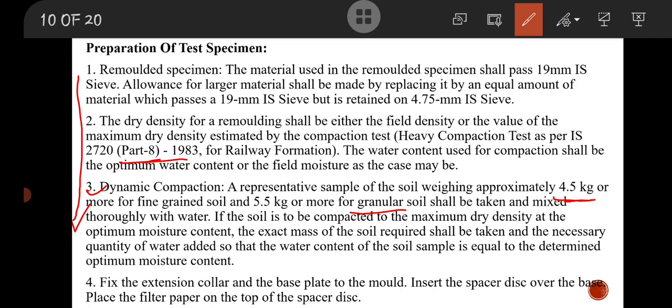If the soil is to be compacted to the maximum dry density at the optimum moisture content, the exact mass of the soil required shall be taken and the necessary quantity of water added, so that the water content of the soil sample is equal to the determined optimum moisture content. We have to calculate the optimum moisture content and maximum dry density.